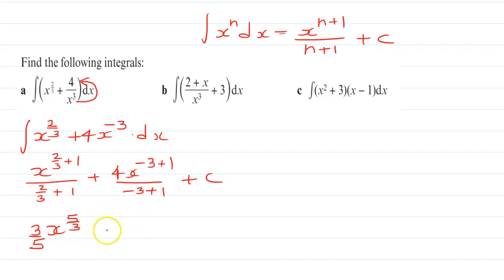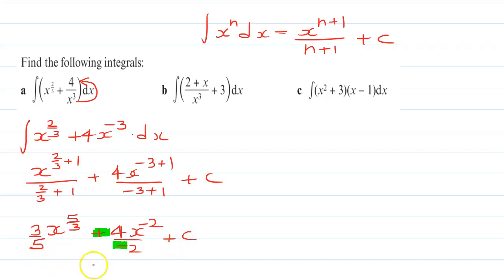Now plus 4x, minus 3 plus 1 is minus 2, and here in the denominator is also minus 2, and plus constant c. So this minus sign, this plus and this minus, they will change into minus.